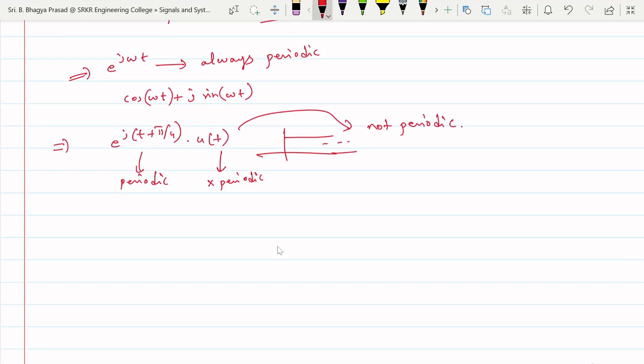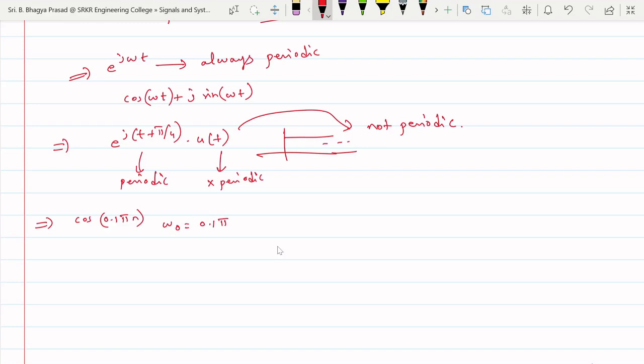The same, if you observe in the discrete case, discrete signals like cos 0.1 pi n. You observe omega naught equal to 0.1 pi.